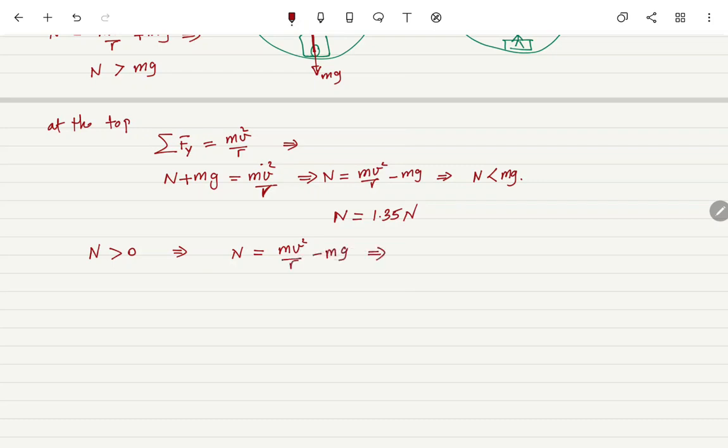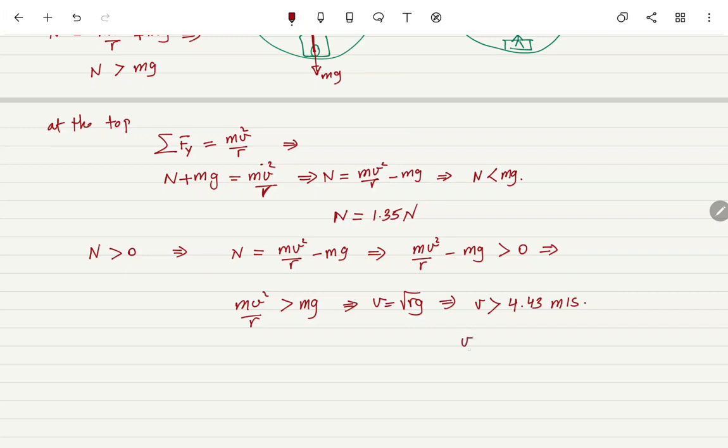In this case, mv square over r minus mg has to be greater than 0. You solve this one: mv square over r is greater than mg, or v equals the square root of rg, and you substitute numbers here, you will find the speed is greater than 4.43 meter per second.